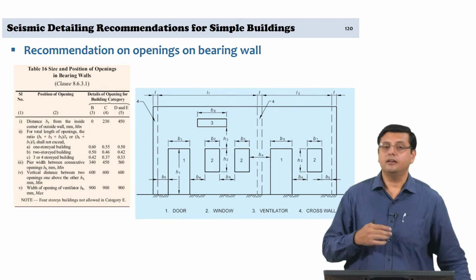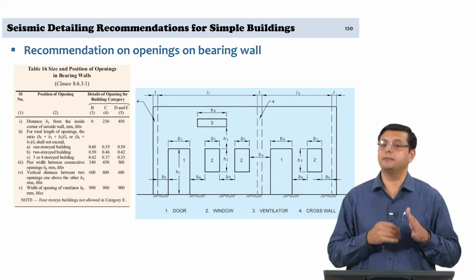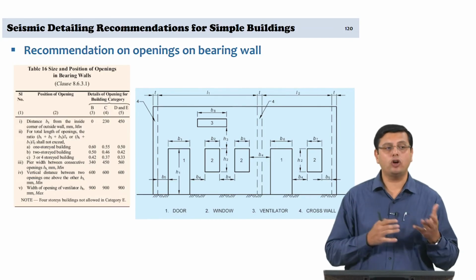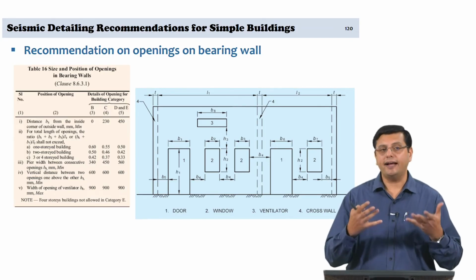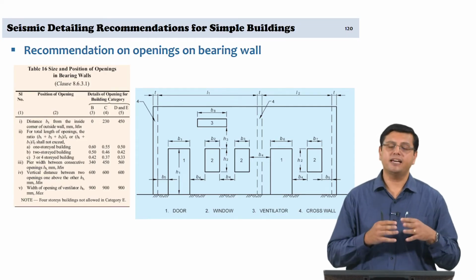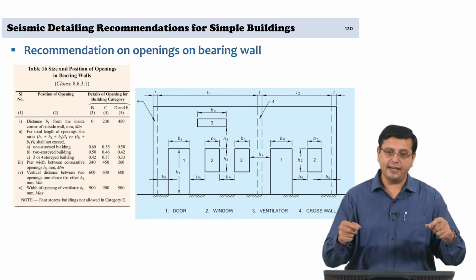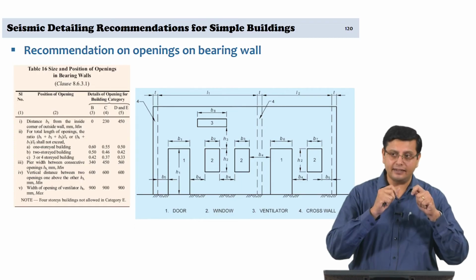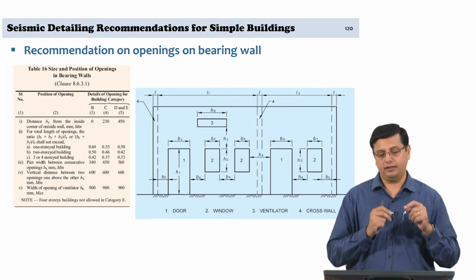Then the building configuration has to be kept simple, right. The moment you have complex configurations, you can have undesirable behavior, and that undesirable behavior would require that the resisting elements are checked and designed to specific demand coming onto it.